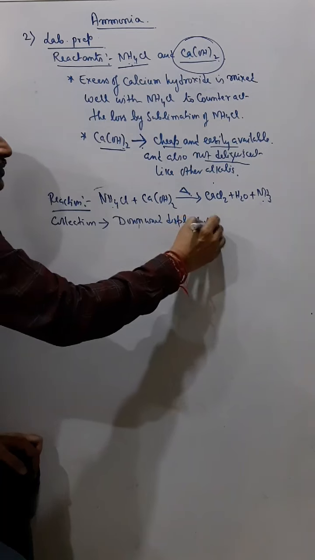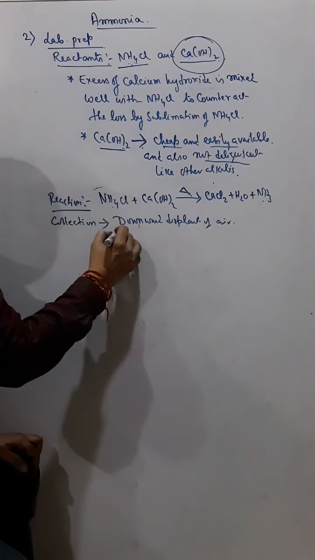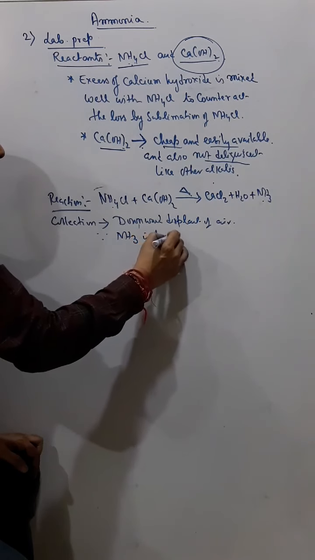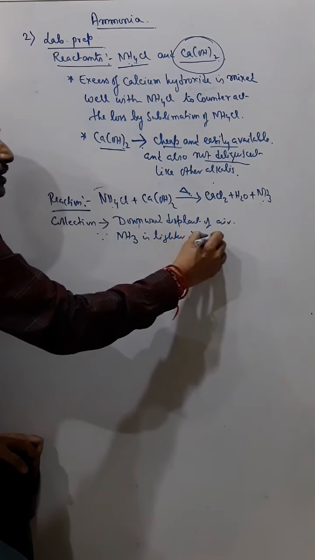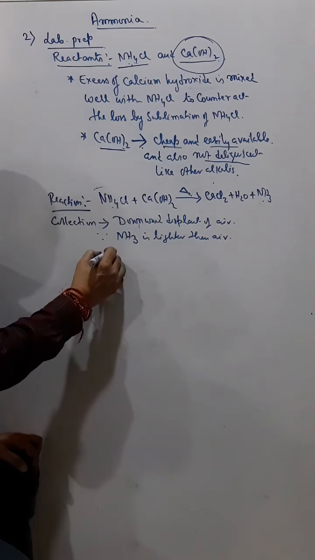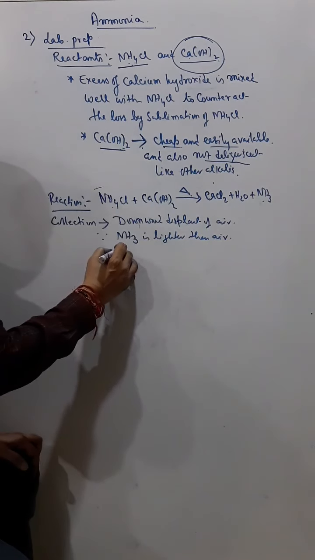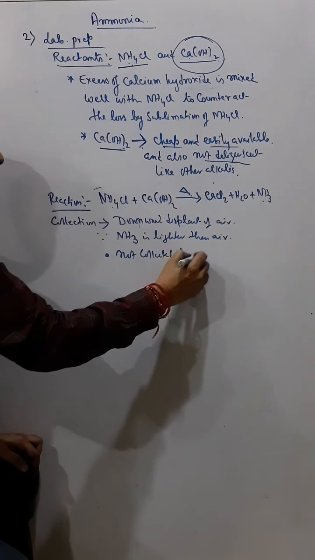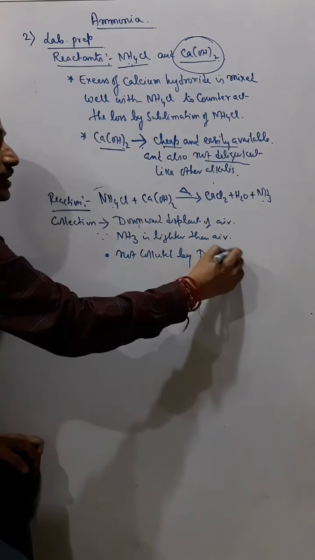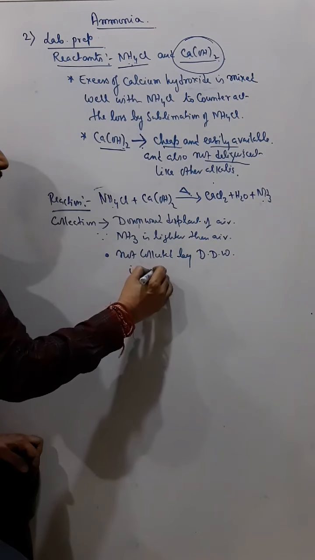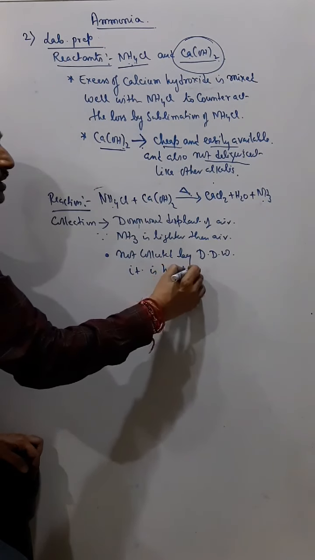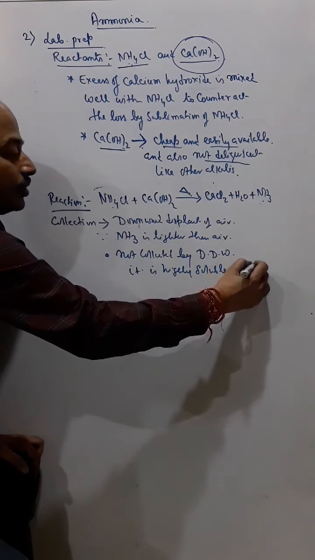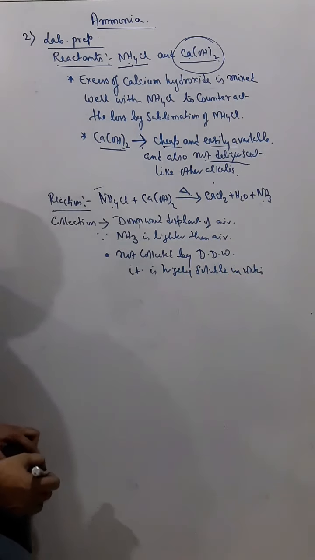Downward displacement of air, since ammonia is lighter than air, and it is not collected by downward displacement of water, because it is highly soluble in water. Okay, so how do we collect?